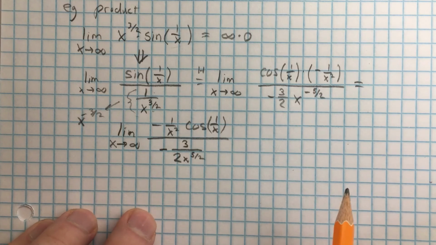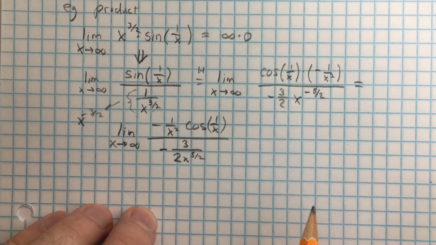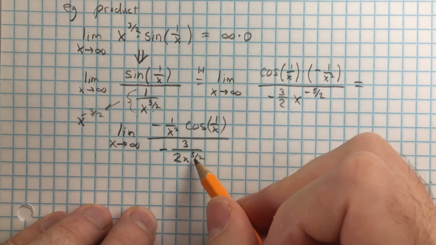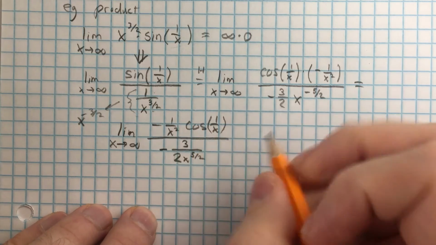All right, so now what I want to do is rewrite this as a single quotient, not as a quotient over a quotient.